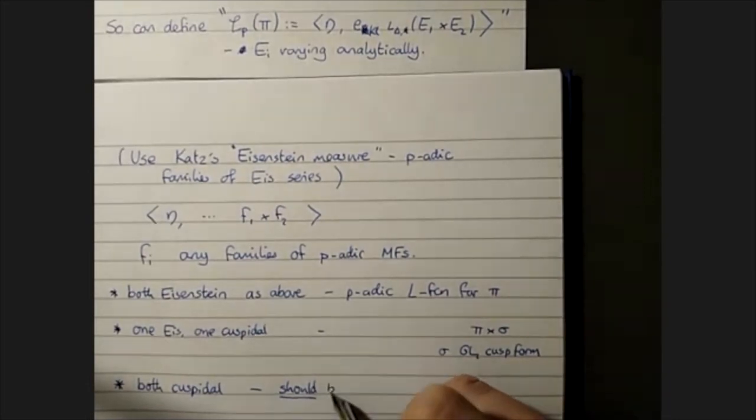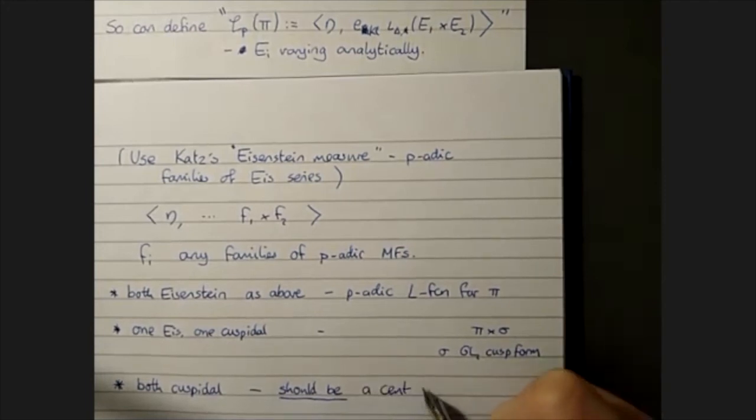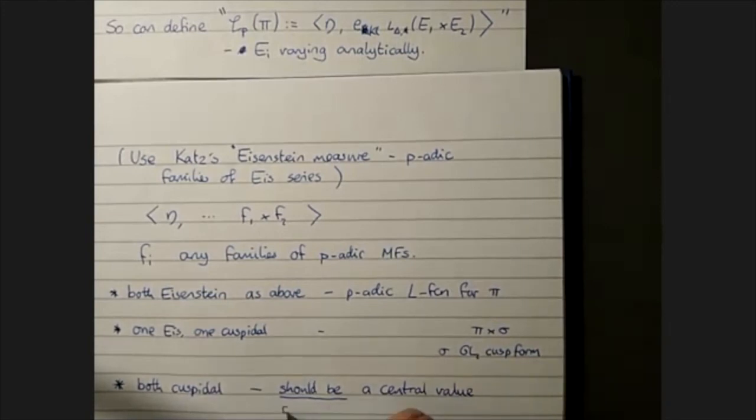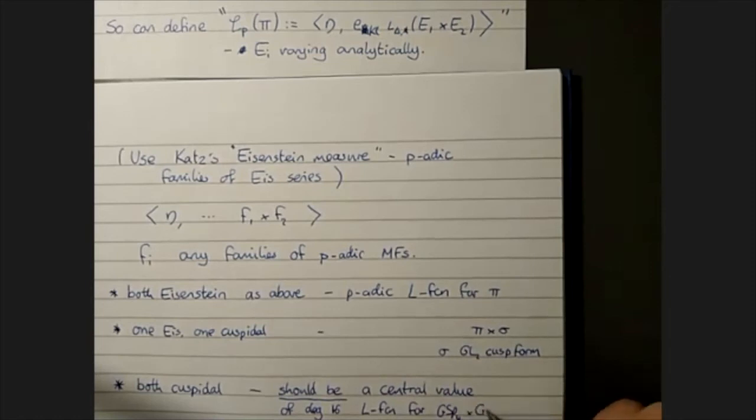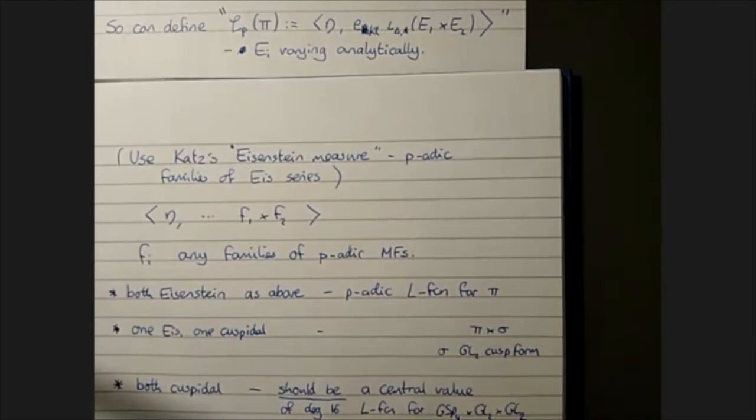And this should be a central value of a degree 16 L function for GSp4 and GL2 times GL2. And this is the global Gan-Gross-Prasad conjecture.